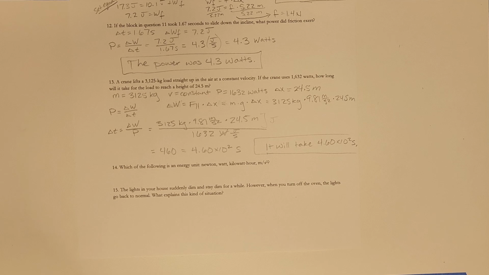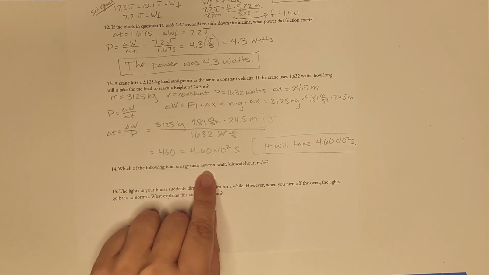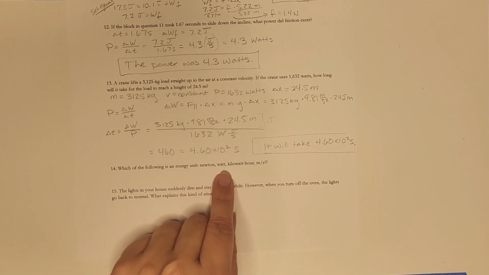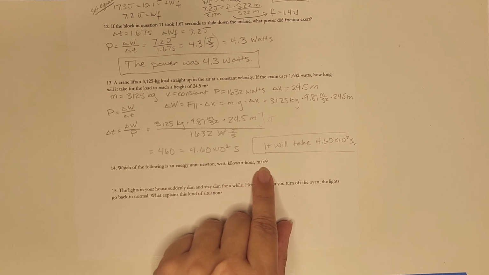For question 14, which of the following is an energy unit? Newton, watt, kilowatt hour, or meters per second squared. So kilowatt hour is our energy unit. Newtons, of course, are force. Watts are power. And meters per second squared is acceleration.